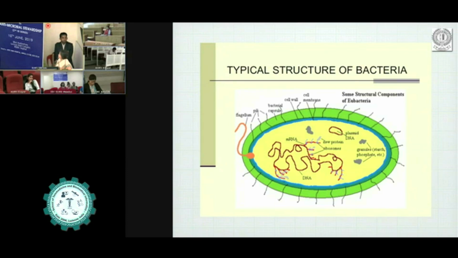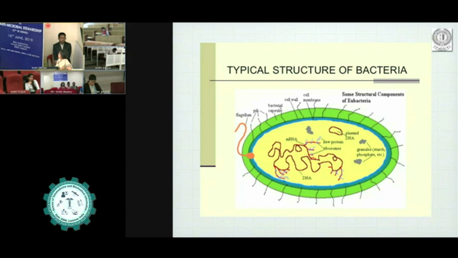It is separated from the cytoplasm by a cytoplasmic membrane. In the cytoplasm, it has ribosomes, granules, volutin granules, and vacuoles, all those things.